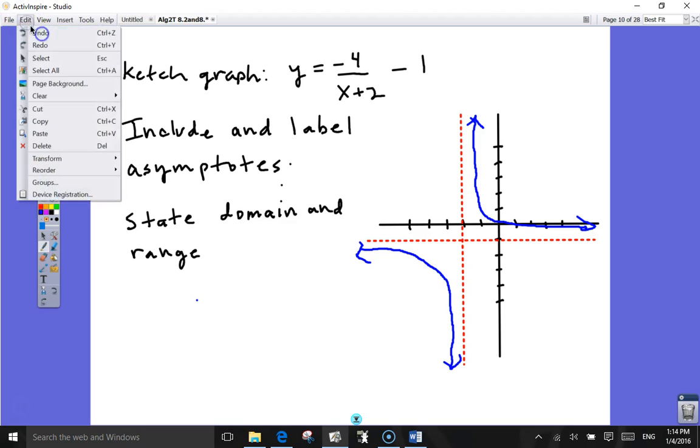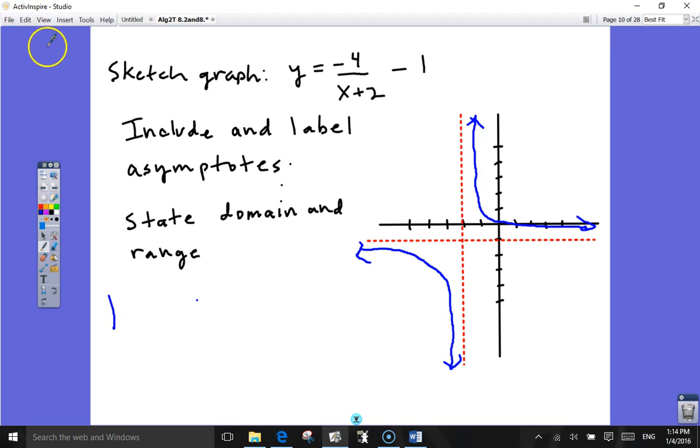Is it letting me do that? I don't think so. Darn it. Try to erase it. That should have been in 2 and 4, and I just went ahead and did it in 1 and 3. And if I do this, it's going to mess me up a little bit. That's okay. So I should have made it in 2 and 4.